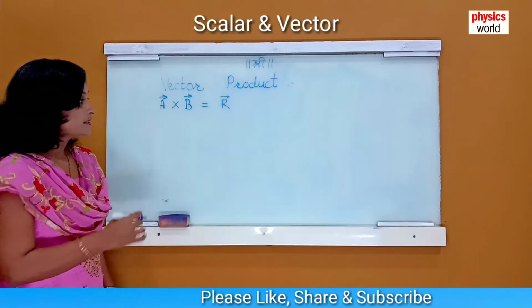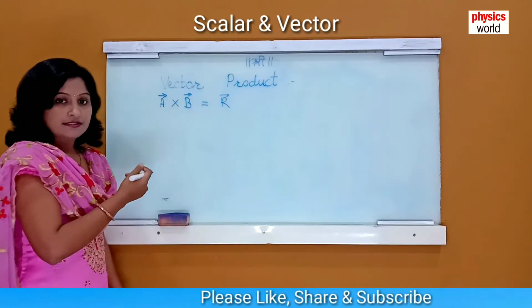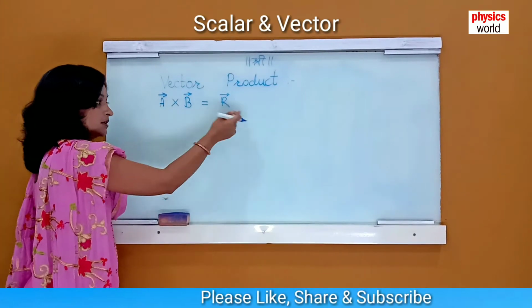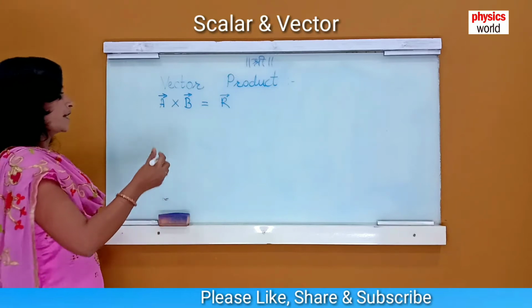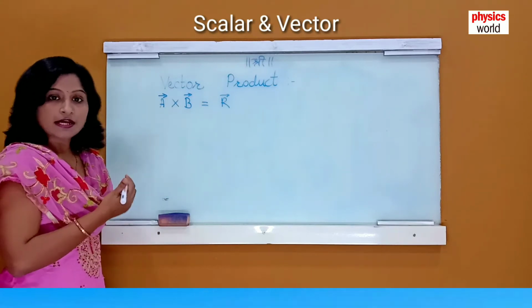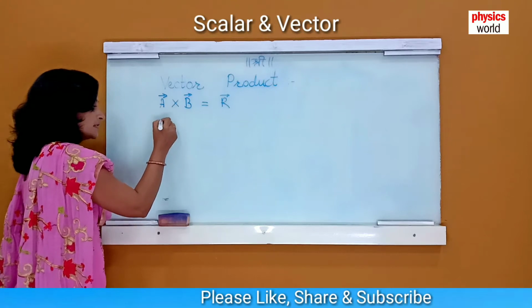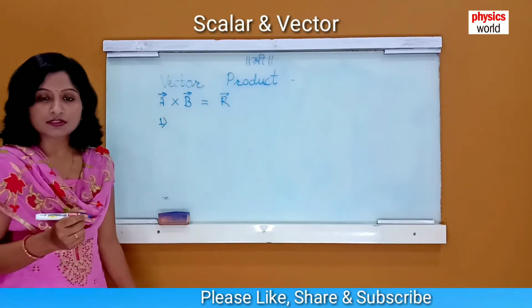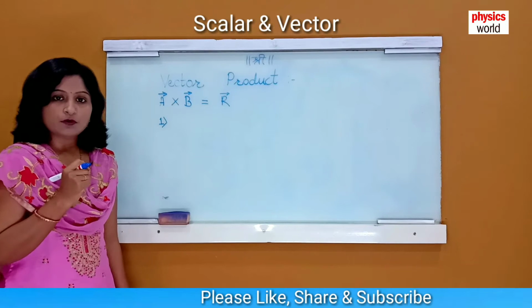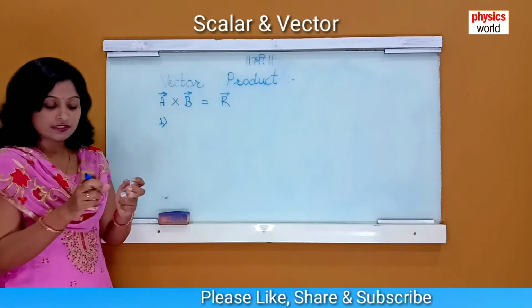Now we'll see its characteristics and how to calculate the product, the method of that calculation. It is included in the characteristics. The first characteristic is, as we saw in the scalar product, i, j, k play an important role. So here also this is the case.